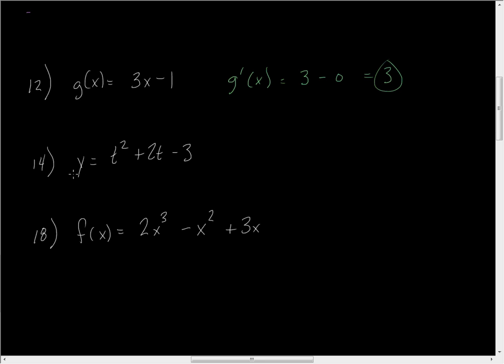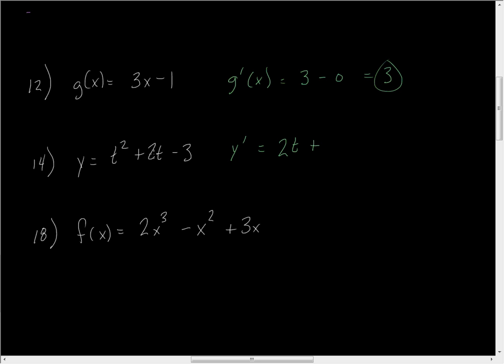Now, we have y is equal to t squared plus 2t minus 3. In this case, we're going to take the derivative. The derivative of t squared is 2t. Okay, we brought down the 2 and we decreased the exponent by 1. Plus, again, we keep that plus because the derivative of a sum is the sum of the derivatives.